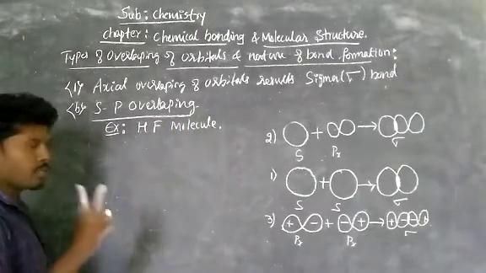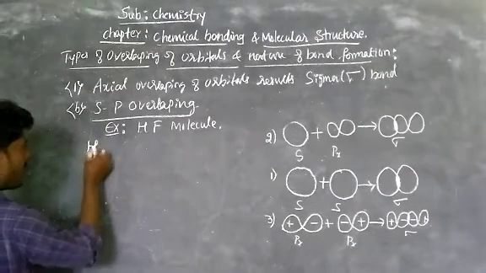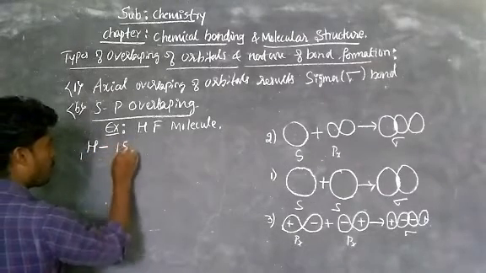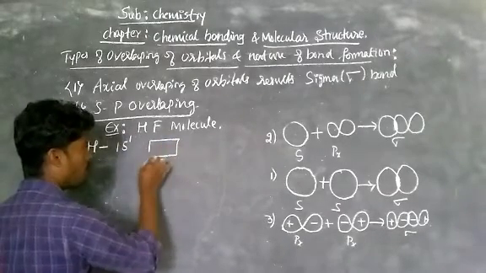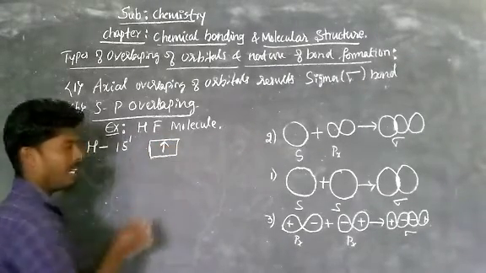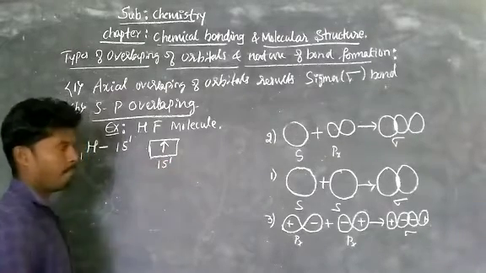Here there are two atoms, one is hydrogen and one is fluorine. Let's take the first one, hydrogen: atomic number is 1 and electronic configuration is 1s1. Write in box diagram, there is only one orbital with up spin or down spin. Only one electron, this is 1s1.